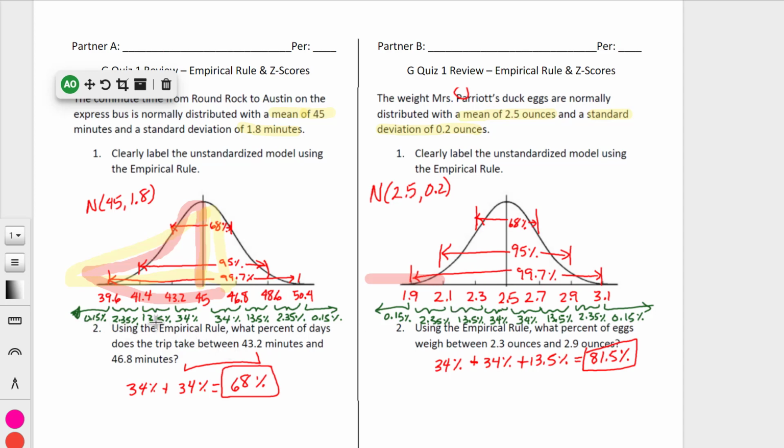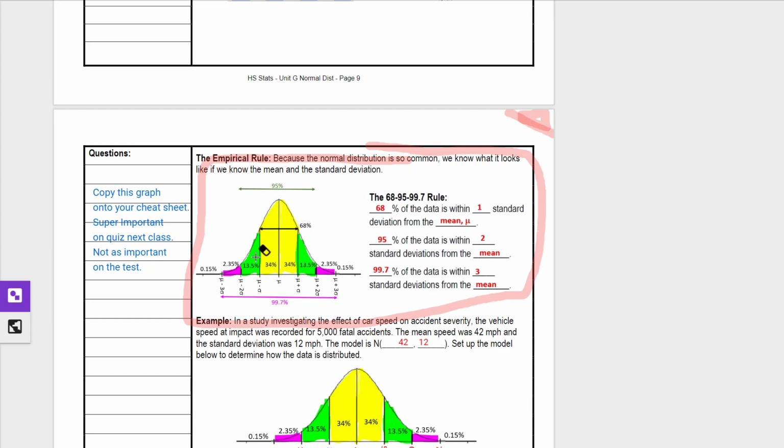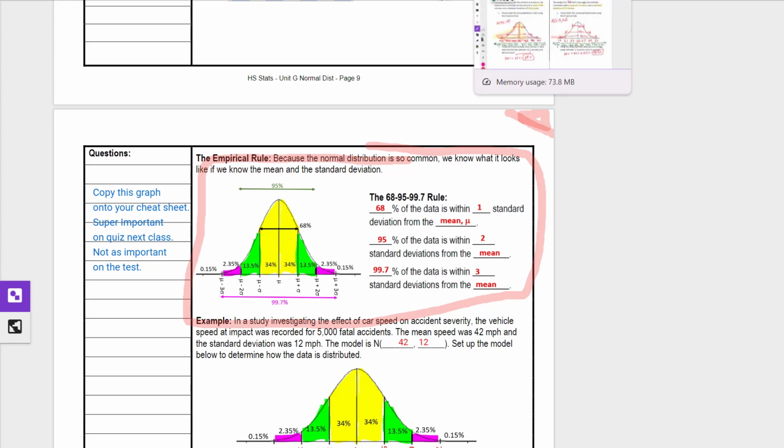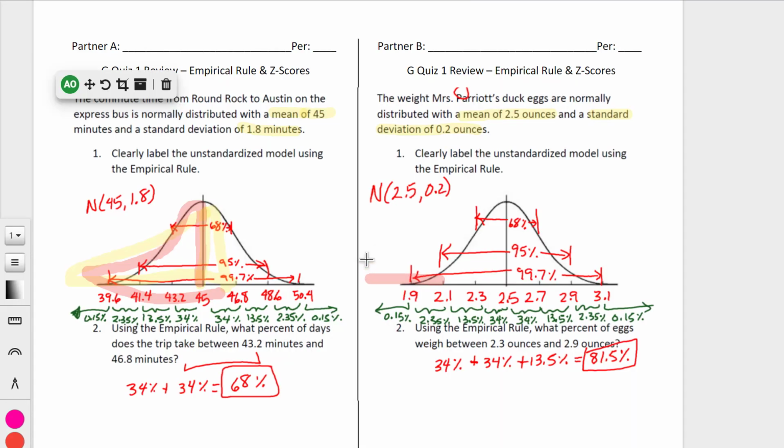Now, if you have these little areas drawn like that, which is probably easier to understand, then the next few questions with the empirical rule are pretty easy. If we're looking at 43.2 to 46.8, that's from here to here. So that's a 34% piece and a 34% piece.